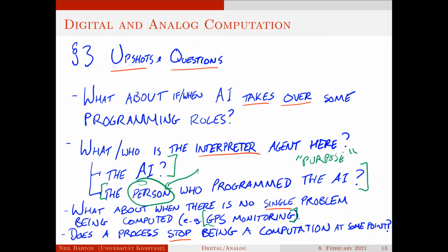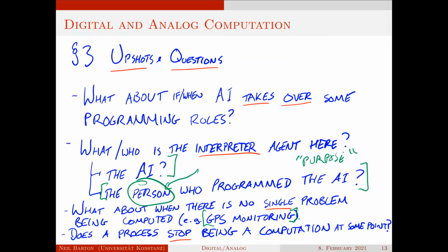If you also think that AIs aren't agents in any sense, which is a very controversial assumption, but let's suppose you think that, then perhaps because of the lack of an agent interpreting this process, it now becomes a mere physical process rather than a computation.